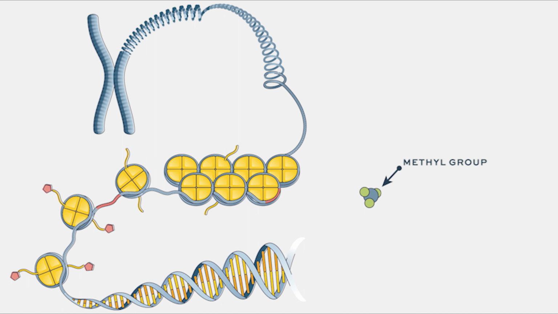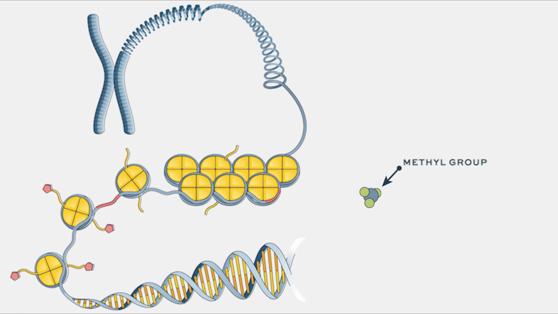So essentially, there are two different categories of epigenetic modifications to the DNA inside a cell that we've been studying and trying to better understand. One is called DNA methylation.